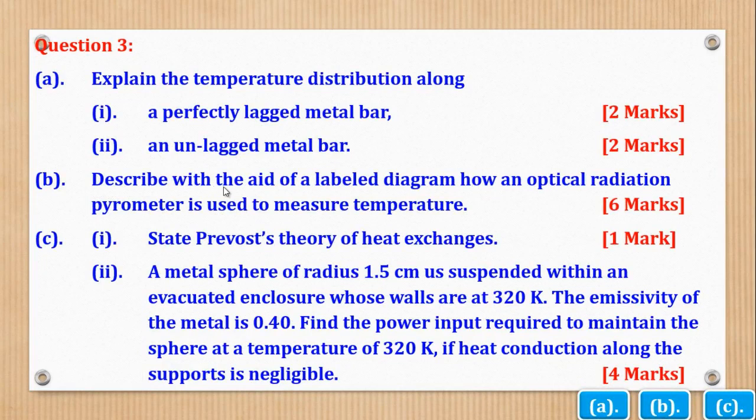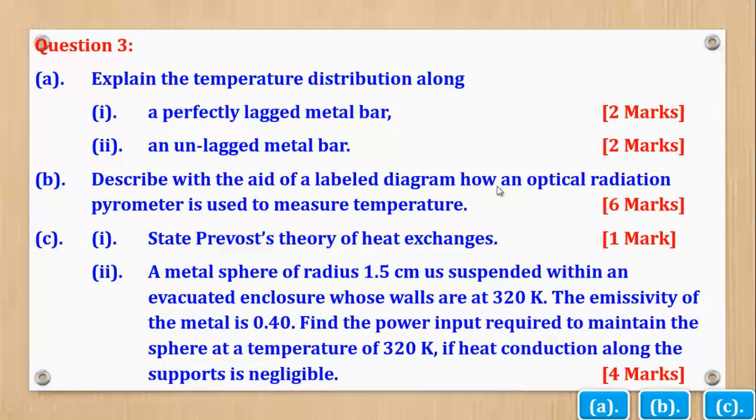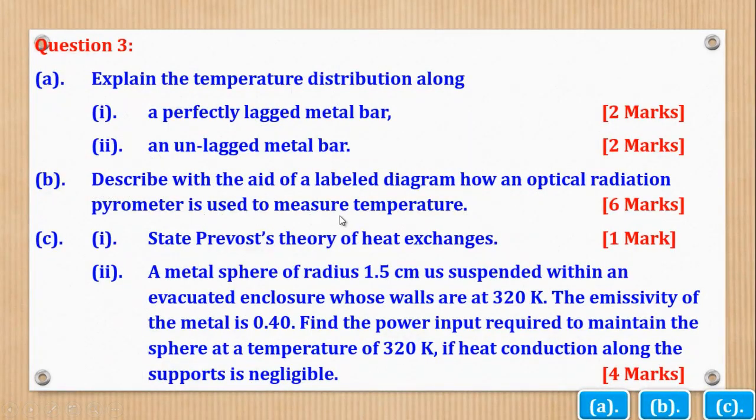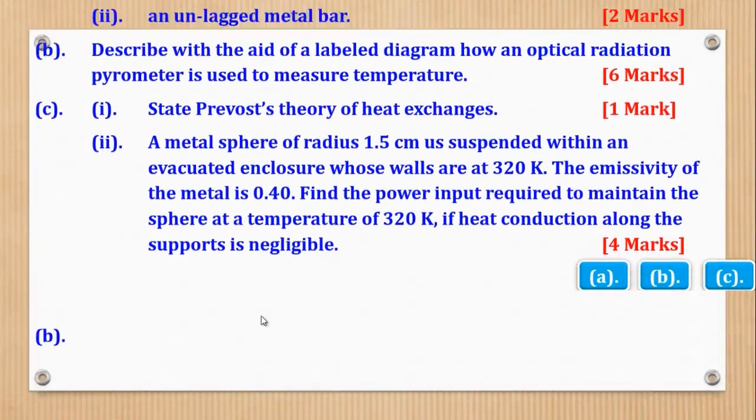Part B says, describe with the aid of a labeled diagram how an optical radiation pyrometer is used to measure temperature. So we need a labeled diagram to ease the description.